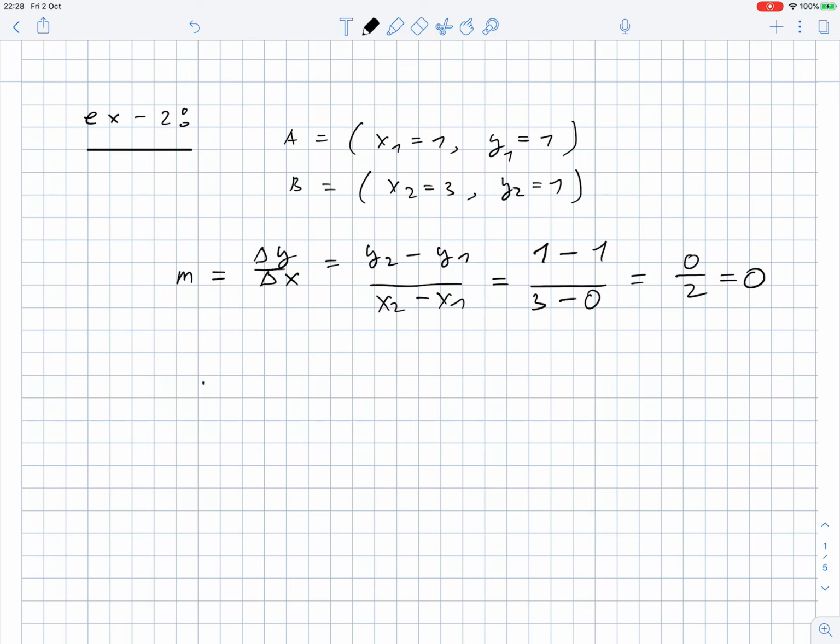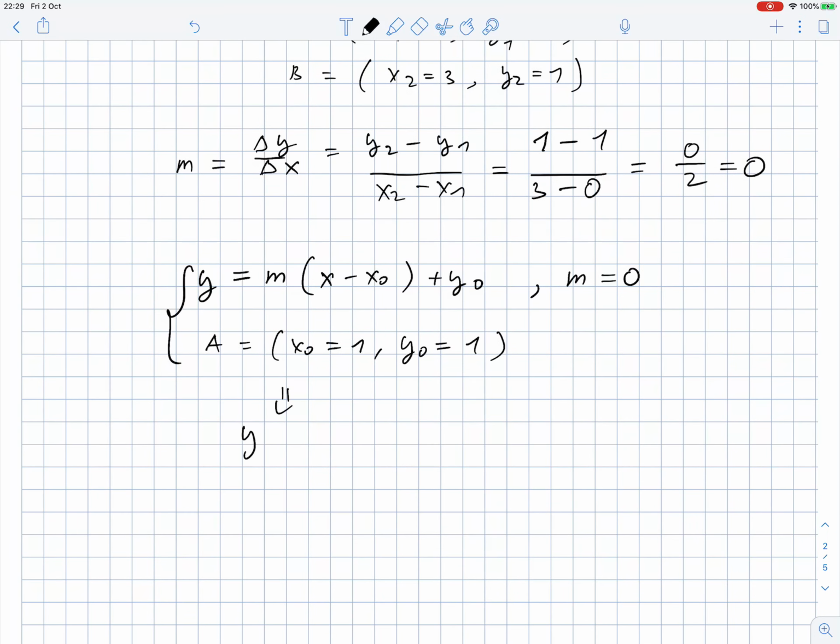Again, we use this formula for a general linear function, and we choose any point we want as a fixed point. Let's assume it's A. x0 equals 1, y0 equals also 1. And again, m, which is the slope, equals 0.